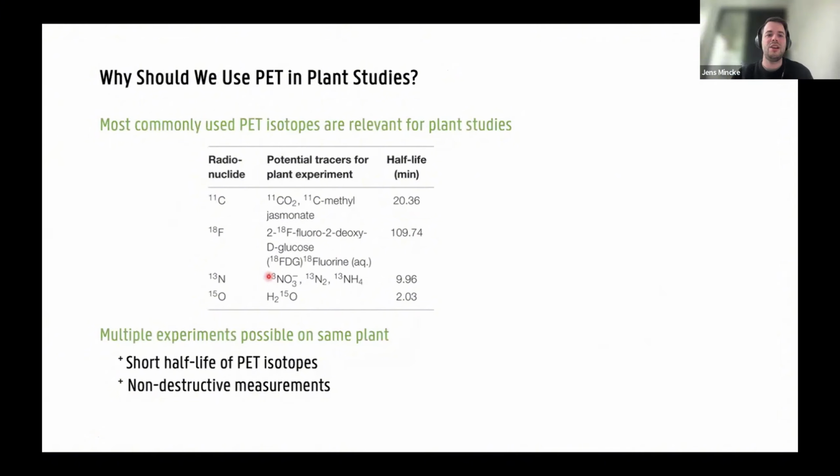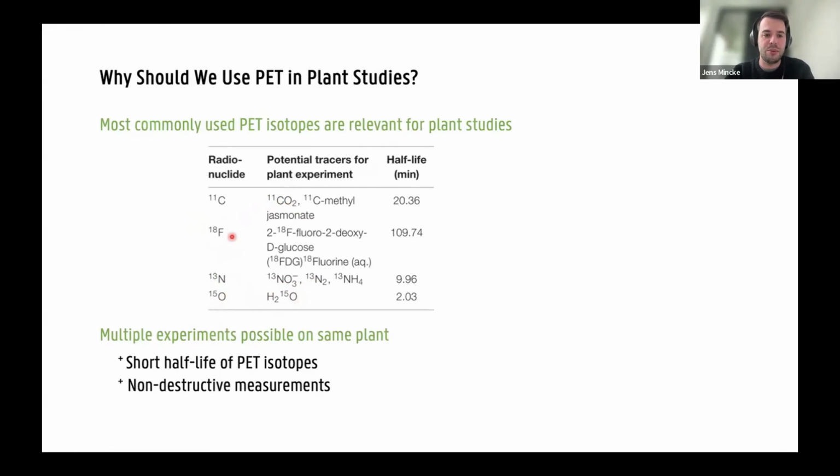So why should we now use these imaging techniques to study plants? Well, because most of the commonly used isotopes are relevant to study plants. You have carbon, which can be used to formulate carbon dioxide, which can be used to study photosynthesis and sugar transport. You have also nitrogen to study nitrogen uptake, and also oxygen to study water transport.